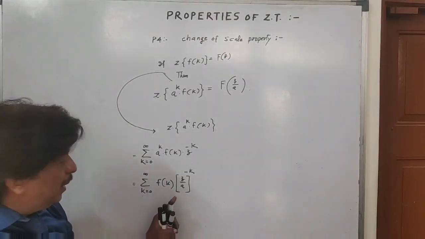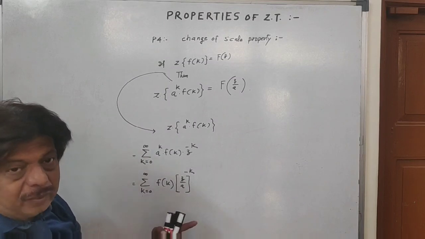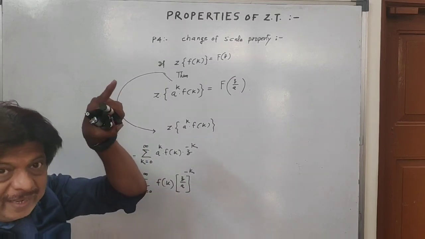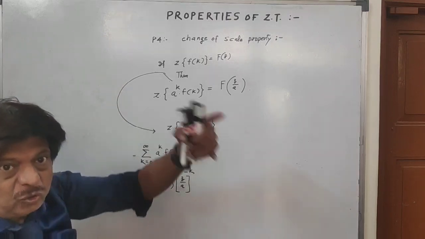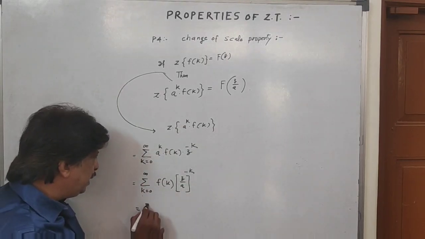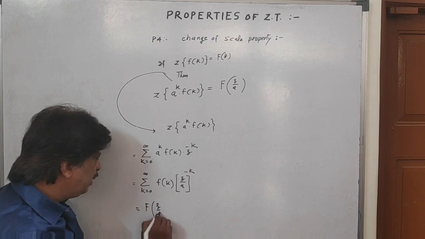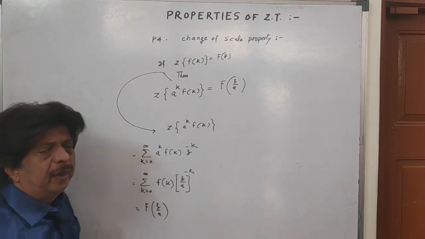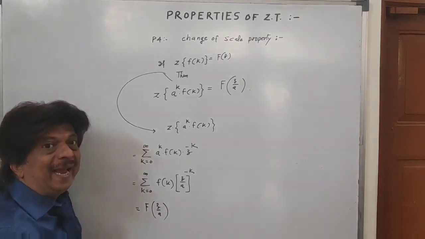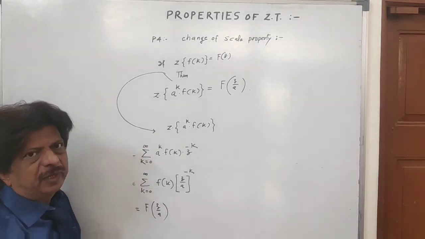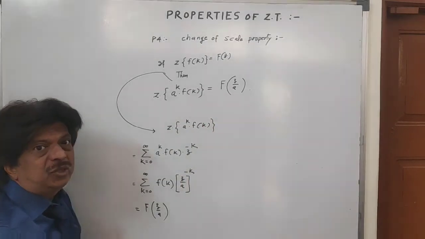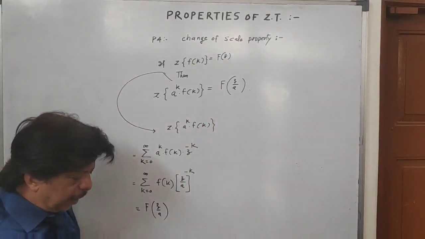So instead of z, as in the definition of Z transform, f of k into z raised to power minus k, here we have z by a raised to power minus k. So it is the Z transform f of z evaluated at z equal to z by a. That is the meaning. So I have established this property.